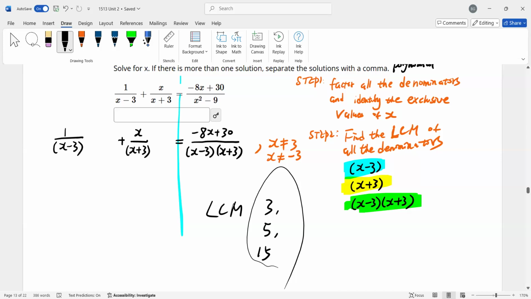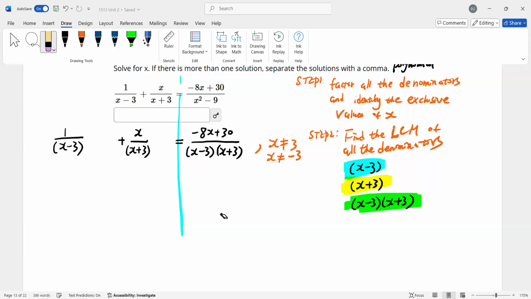Green is a multiple of itself, and it is the smallest multiple of itself. So what's the LCM of the blue, yellow, and the green? The green. Perfect, exactly. The LCM in this case is the green, x minus 3 times x plus 3.